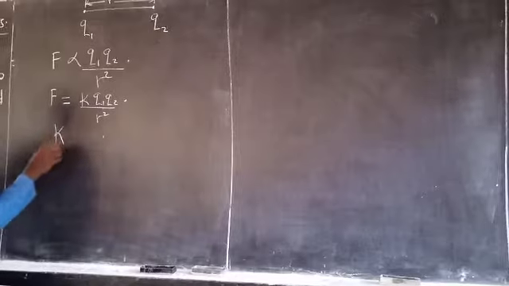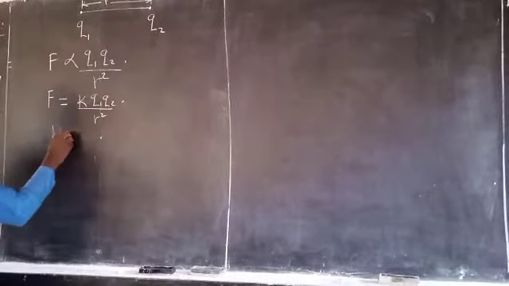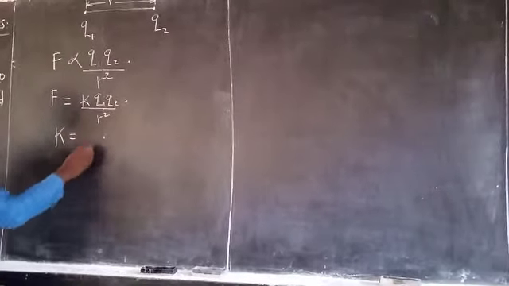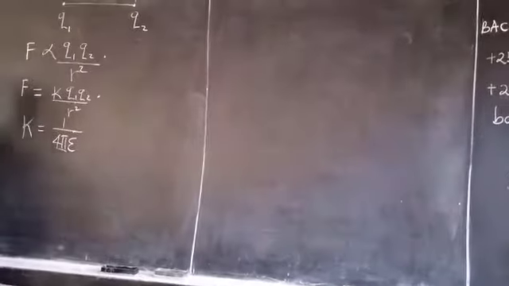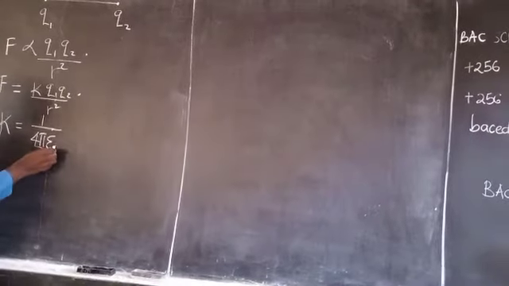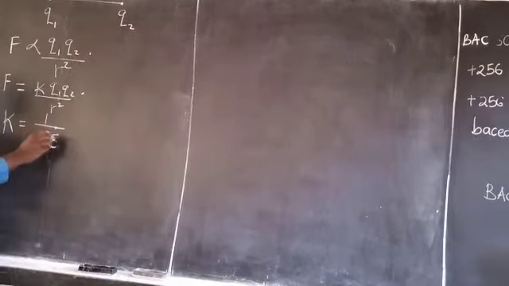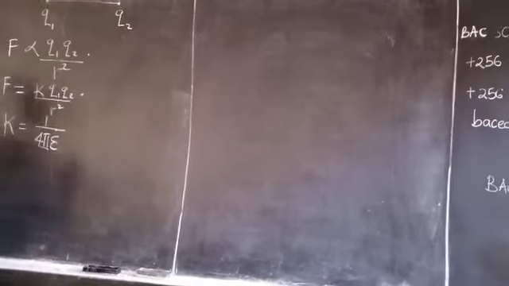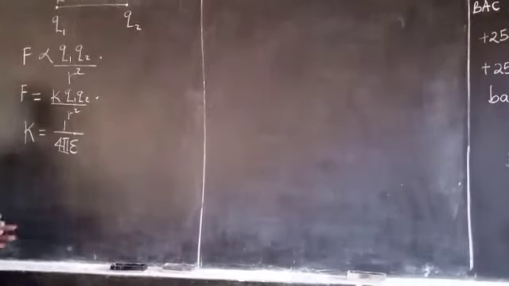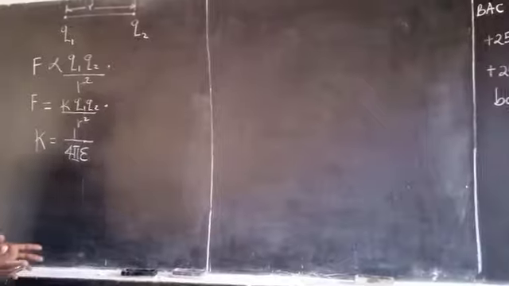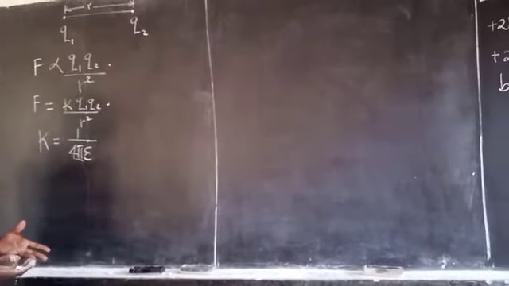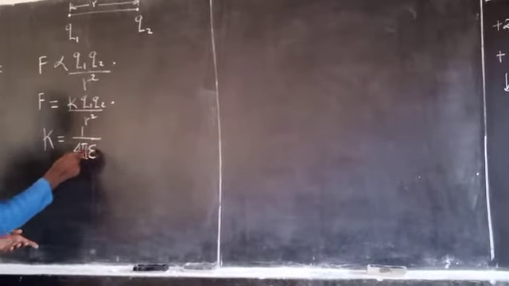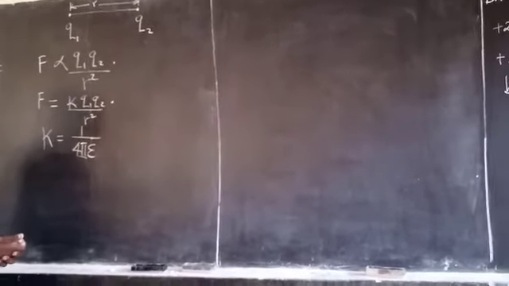And when experiments were performed, this K was found out to be equal to 1 over 4 pi epsilon. We all know pi. Where this epsilon is called the permittivity. Permittivity. How permissive is that medium? Does it oppose or it supports? So this is called the permittivity of the medium.